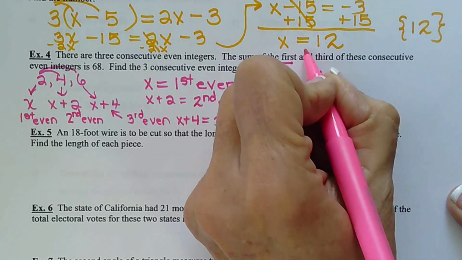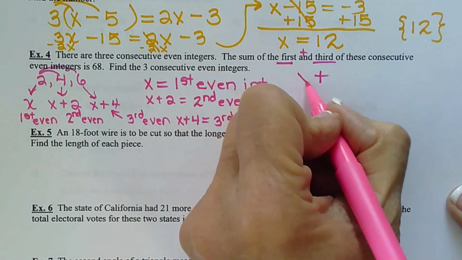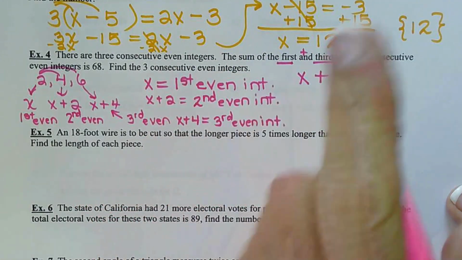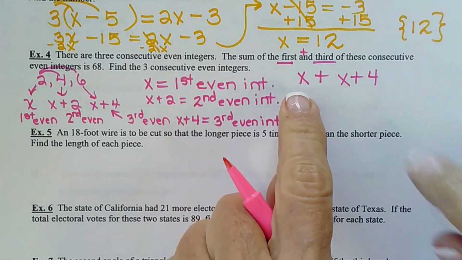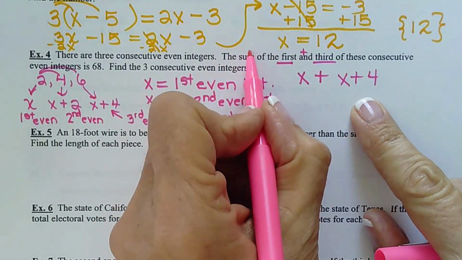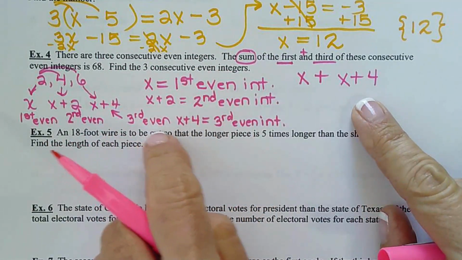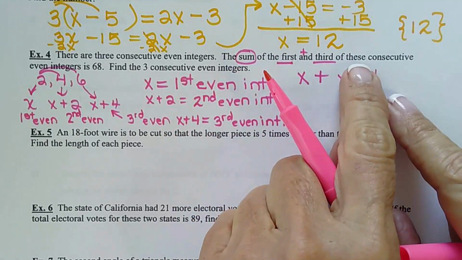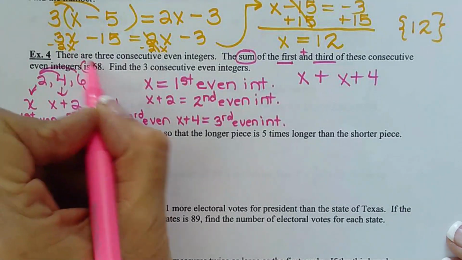First plus third. Well, the first is x, and the third is x plus 4. So the first integer plus the third, because of the word sum, is, meaning equals, 68.